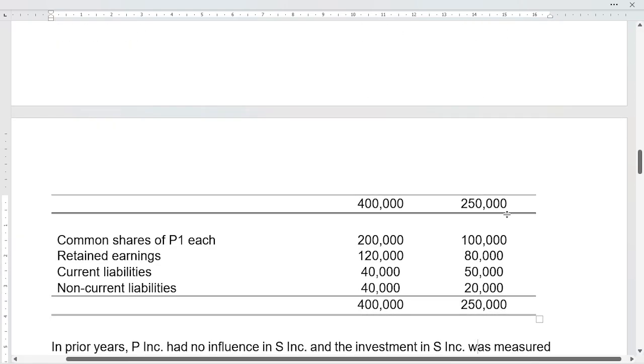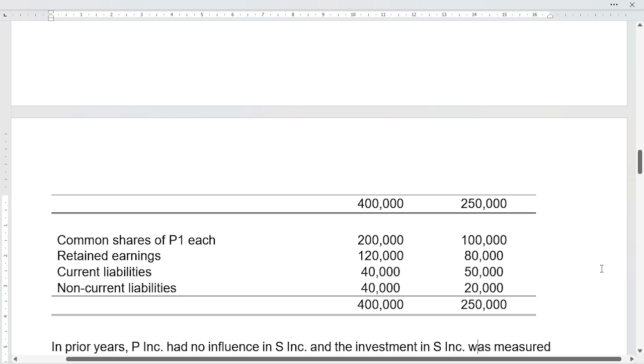So 250 minus 50 minus 20. Eh, 250 minus 70, 180. Ayun yun. Ayun yung 180 nag-appear dito. Ito yung net identifiable assets ng acquiree.